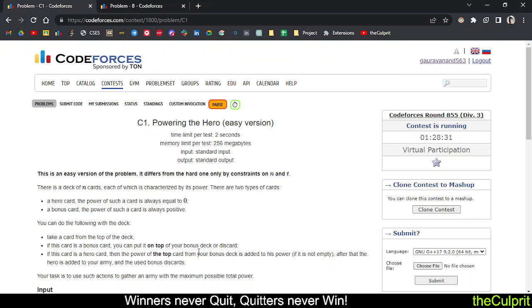The card is a bonus card, then you can put it on top of the bonus deck or discard. The card is a hero card, then the power of the top card from your bonus deck is added to its power. After that, the hero is added to your army and the used bonus card is removed.